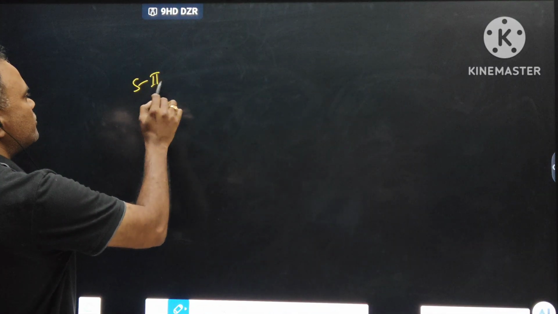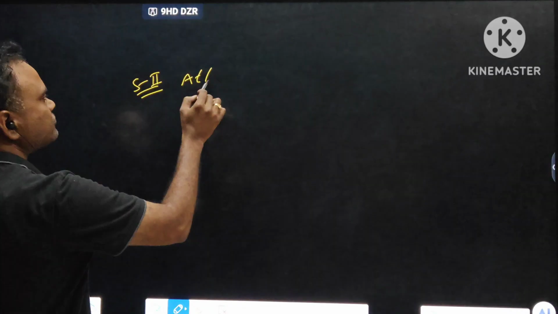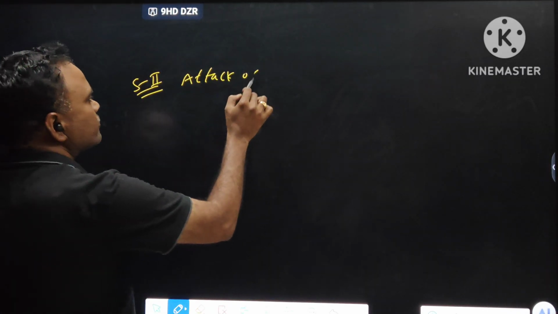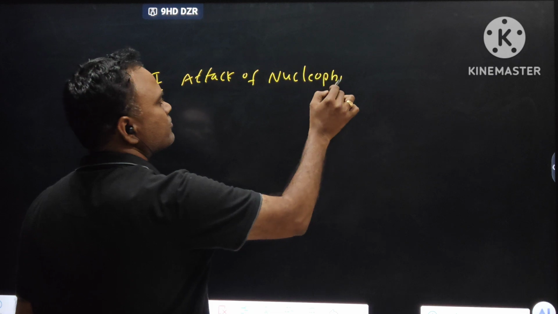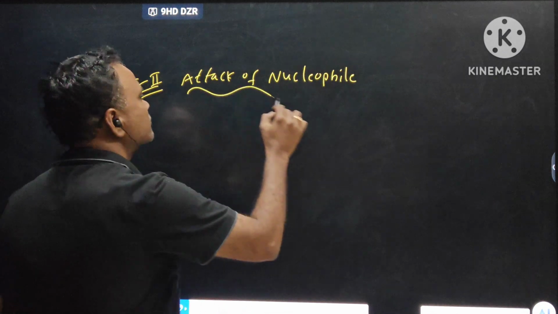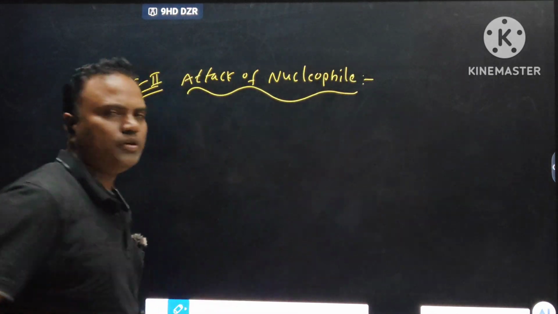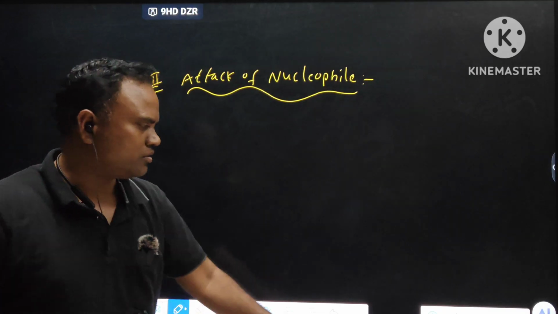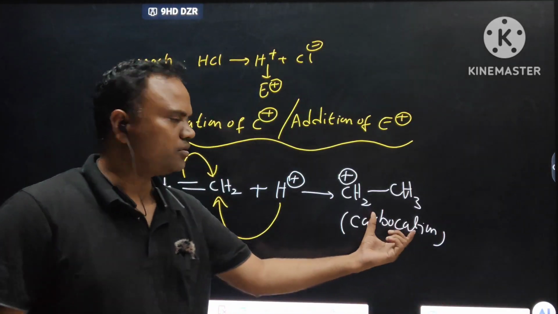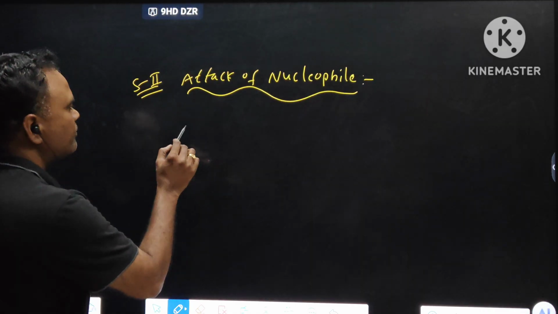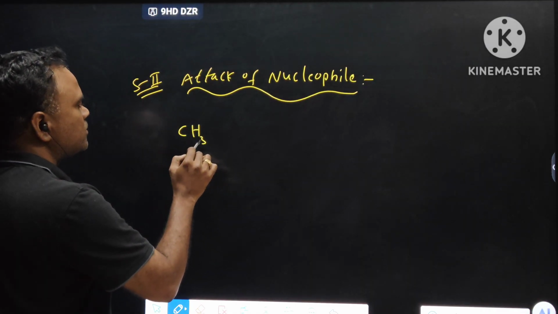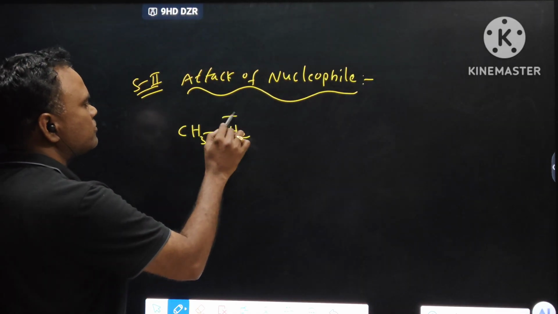Step 2. Attack of nucleophile. See, I am taking that previous carbocation, CH3CH2 positive.